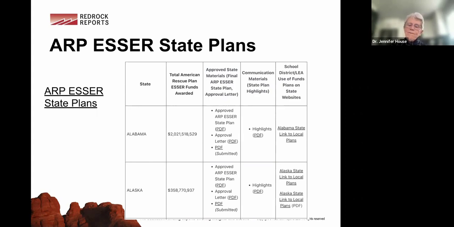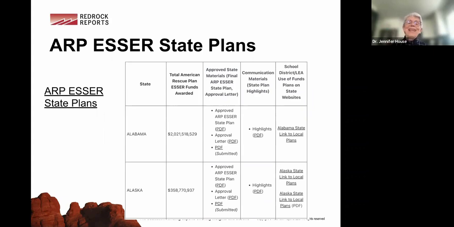Now, the way the federal government distributed it, they gave two-thirds of the money to the states right off. But the final third, and remember, this is $122 billion, so that's a lot of money, the states had to put in a plan of how they were going to use that.